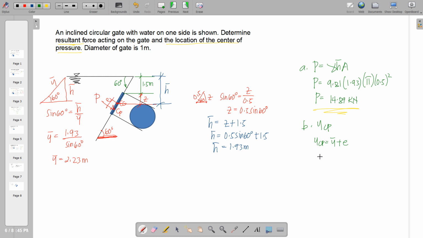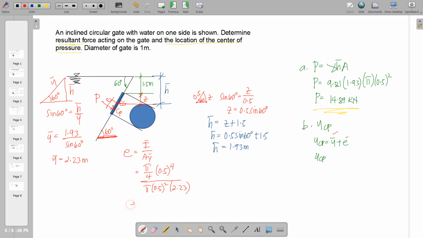So moving on to this equation, we still need to solve for E. And E is given by this formula, E is equal to I bar all over A Y bar. And for a circular section, the centroidal moment of inertia is pi over 4 r raised to 4. So our radius here is 0.5, that would be raised to 4. And then we have pi r squared for the area of this circle of radius 0.5, and then the computed Y bar is 2.23 meters.